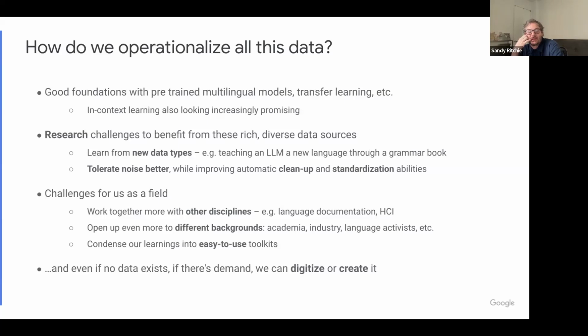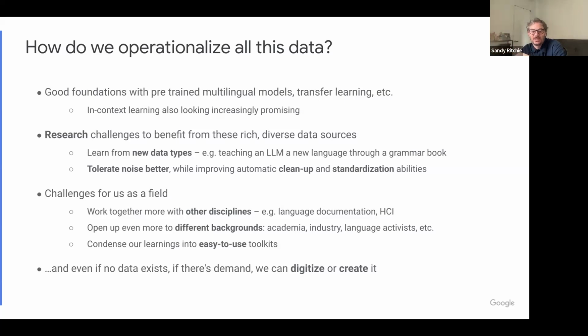There are interesting research challenges in how we can benefit from slightly alternative data sources, like the resources available on Glottolog in terms of linguistic materials, so linguistics papers and grammar books.